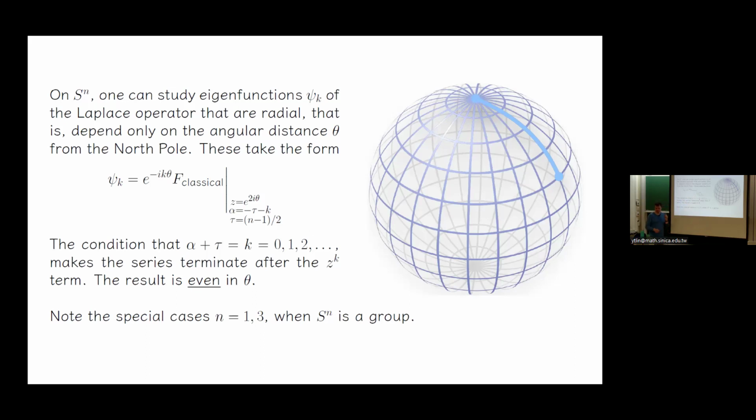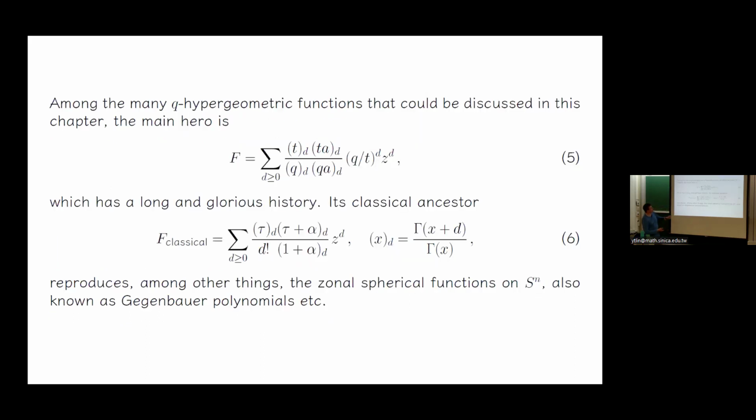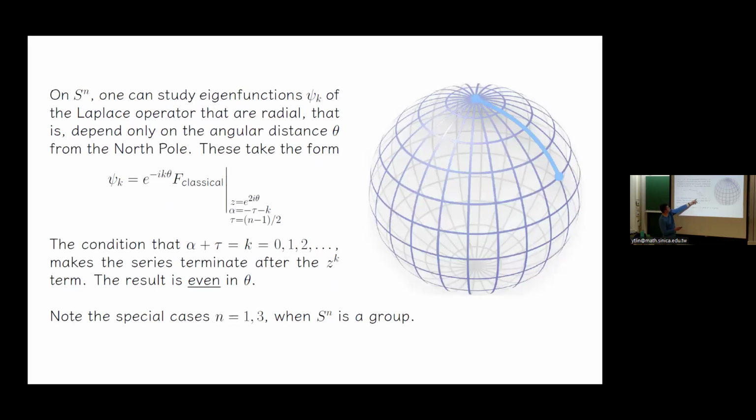That makes the previous series, if this number is a negative integer, terminate, so it is a polynomial. I made a mistake here, this number should be minus k. Oh, right, I've written it correctly here. Which means that the series will terminate after k steps.